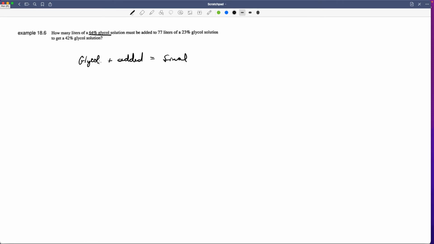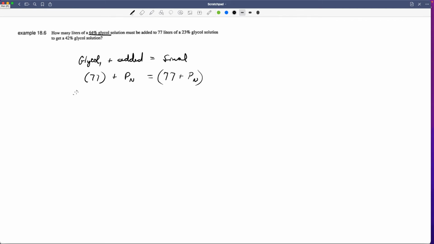So the original amount that we started with, glycol 1, that's going to be 77 liters right there. And we don't know how much we have to pour in, so we're going to call that PN. And then the final is just going to be 77 plus PN. But now we need to put in the percentage of each of these solutions, right? So the percentage of this solution is 23%.